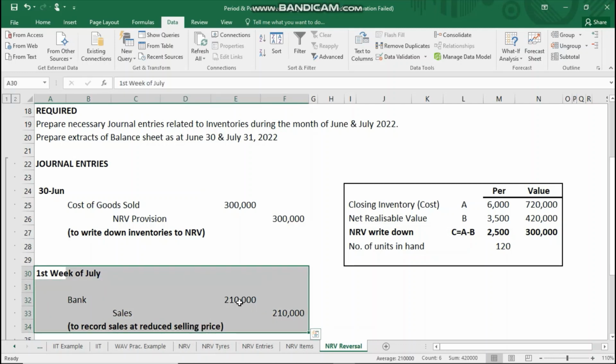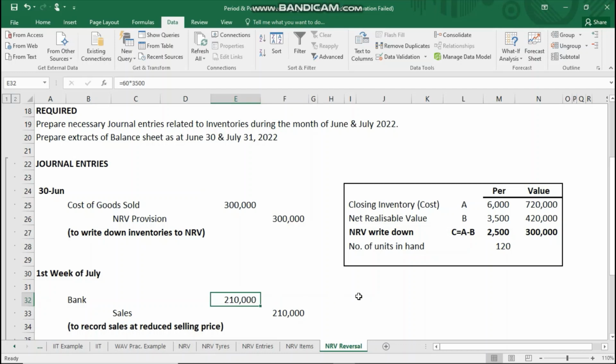The sale is happening at a price of 3,500 and 60 tires were sold. 60 multiplied by 3,500 gives me 210,000. So I debited my bank by 210,000 and credited the sales with the same amount.